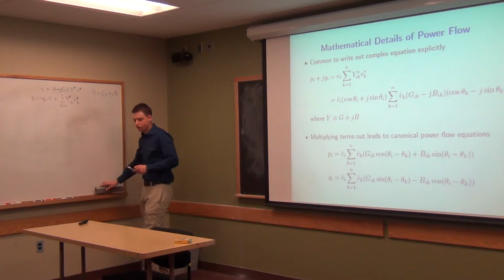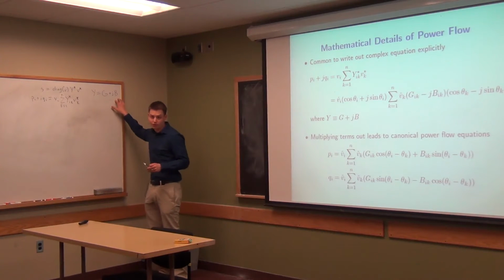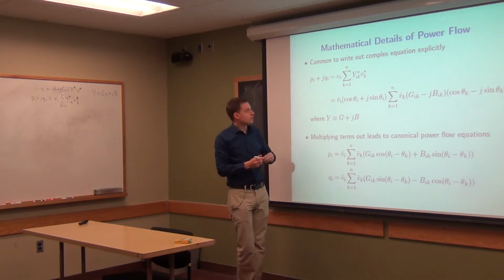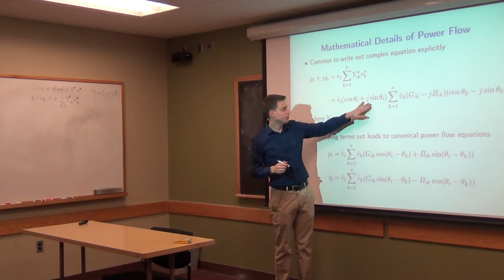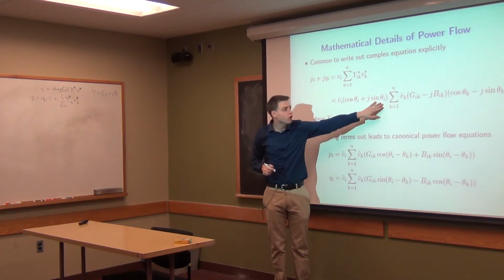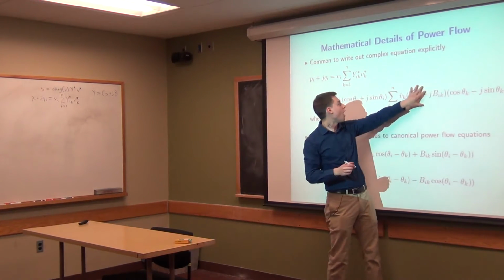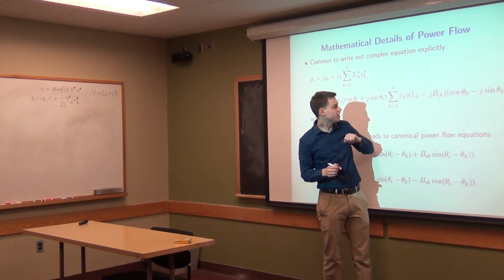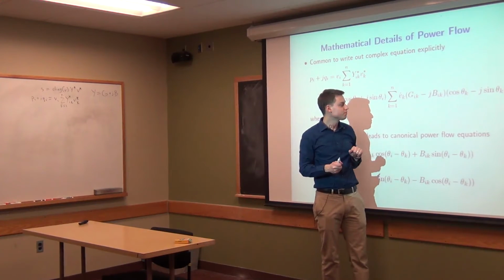Y itself is going to have a real and an imaginary component. And now we can write out these voltages in rectangular form, and write out Y in rectangular form in terms of the G and B matrices.